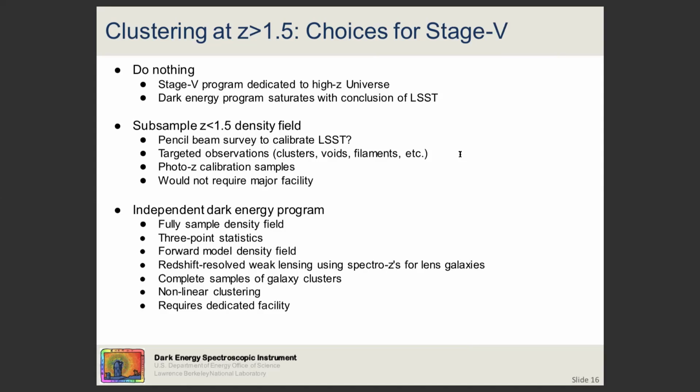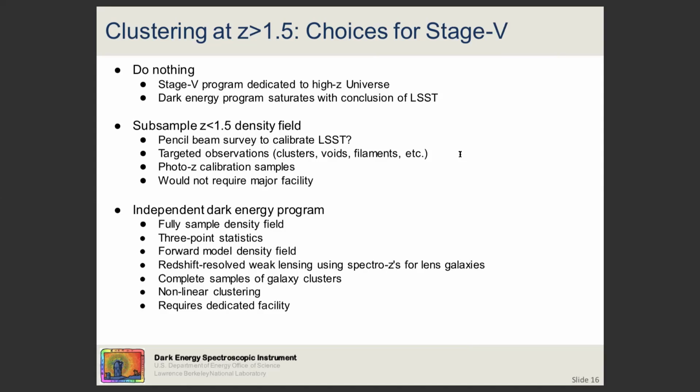If we want something that's a fully independent dark energy program, you're going to require a pretty large dedicated facility. That would allow lots of other techniques beyond just 2-point statistics, which I think would really be required to extract more information from clustering. So forward modeling the density field, I think that came up earlier.